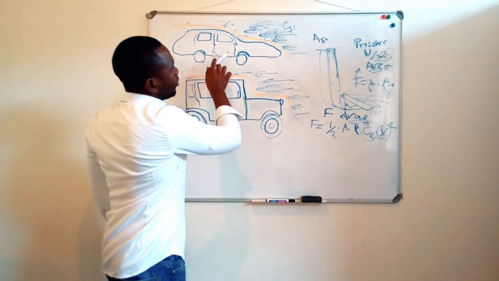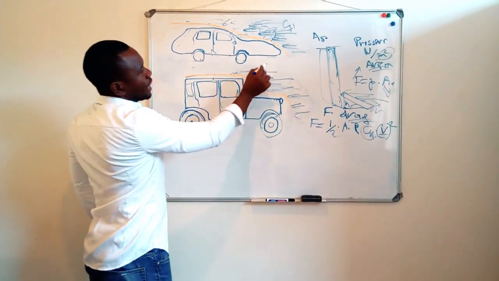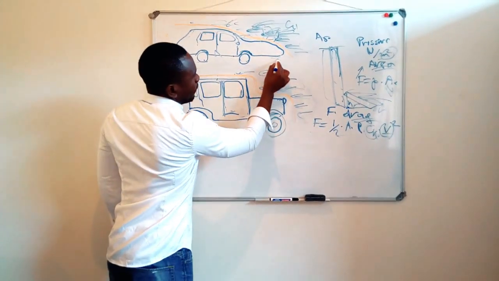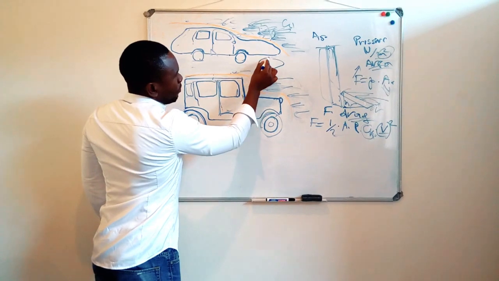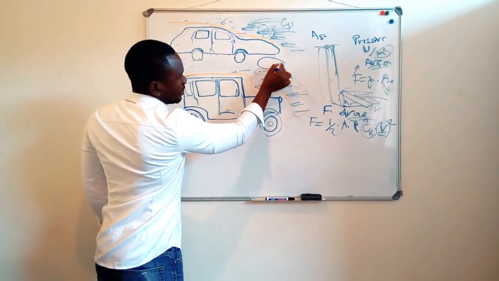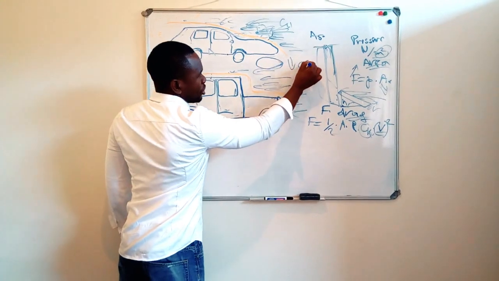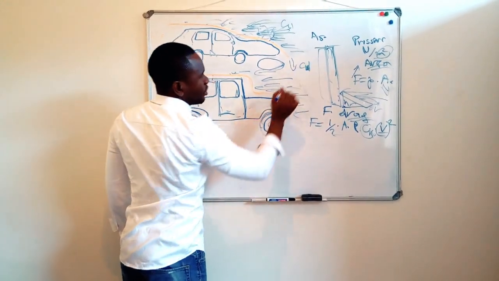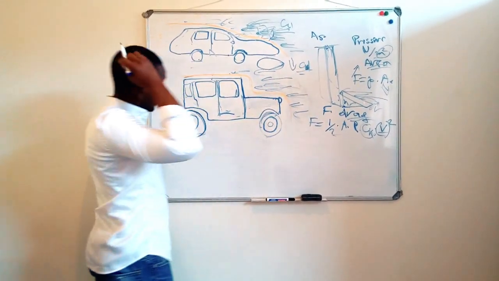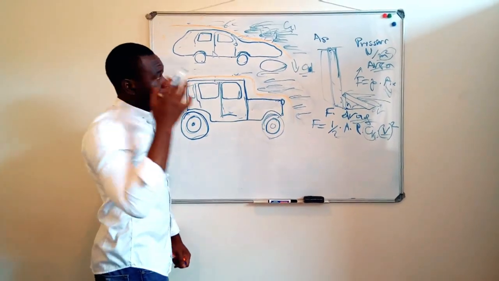If you check that surface, it looks like an egg. The more you approach the shape of an egg, the lesser your drag coefficient.